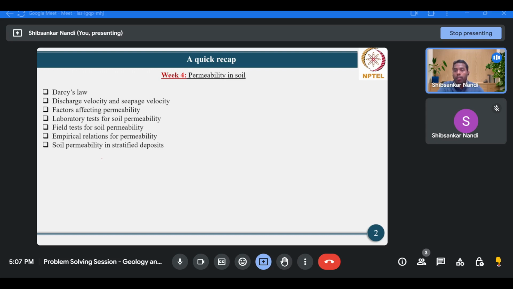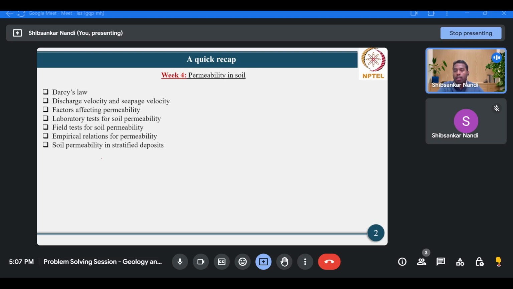Then how to determine the soil permeability? There are two ways in which we can determine the permeability. Either we can perform the soil permeability test in the laboratory and determine the coefficient of permeability, known as hydraulic conductivity, or we can perform the test in the field itself and also determine the coefficient of permeability.